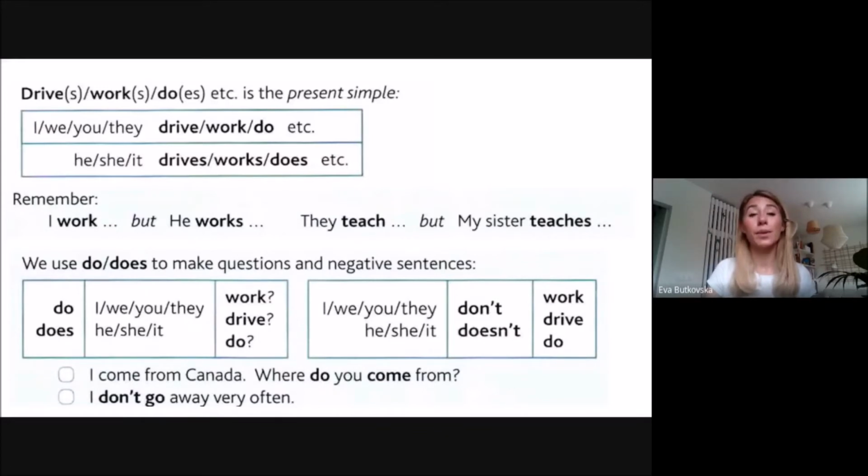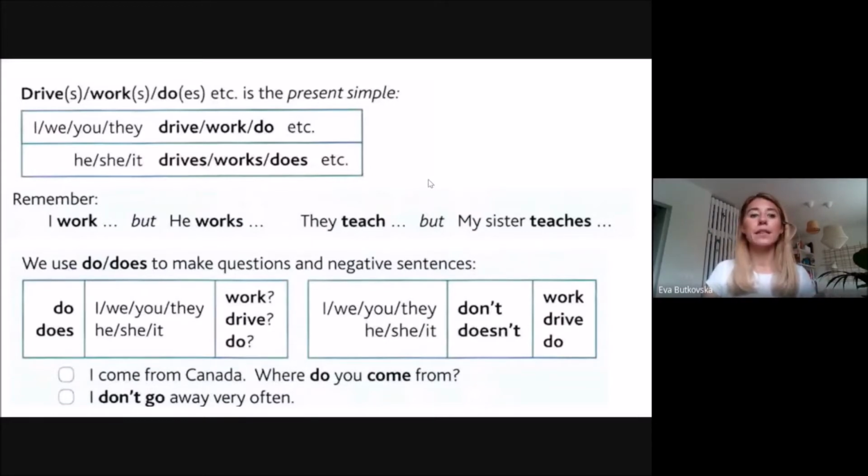So for example, I work, but he works. They teach, but she teaches. Remember, and always focus when you're creating a present simple sentence using he, she, or it. So don't forget about the s.